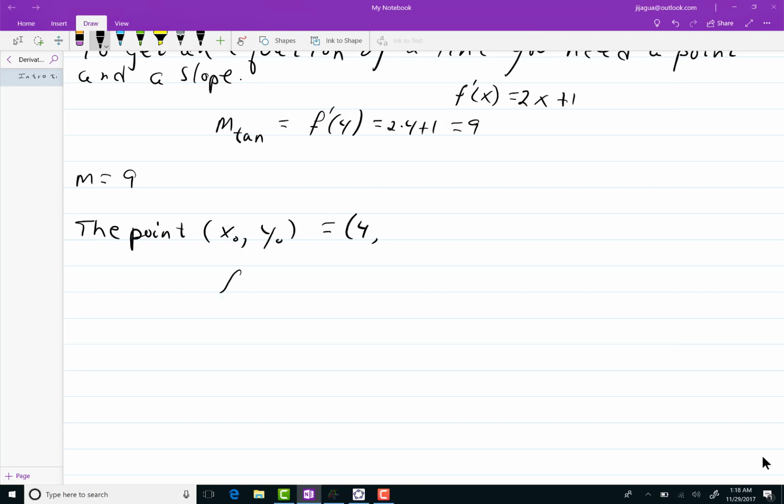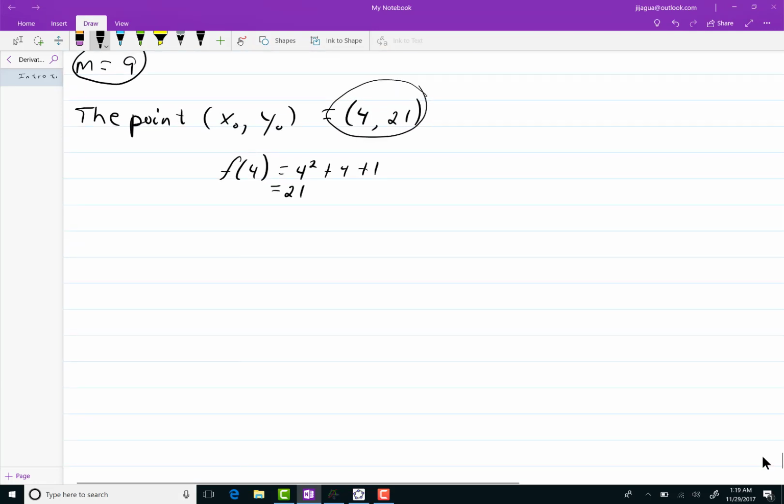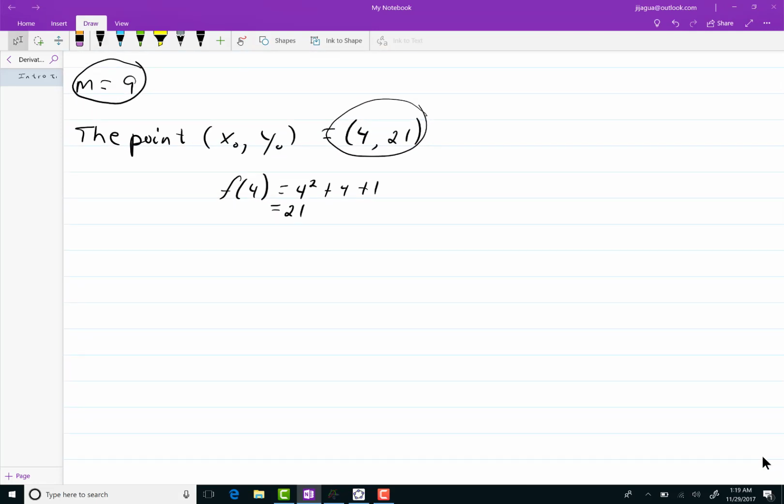Well, f of 4 equals 4 squared plus 4 plus 1, which equals 21. So my point is that. So I've got my slope, and I've got my point, and therefore we can use the point-slope formula to get the equation of the line.